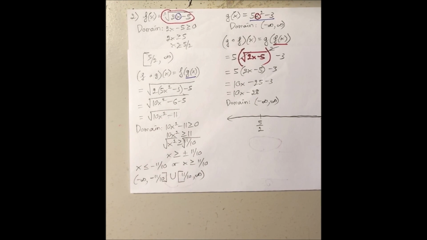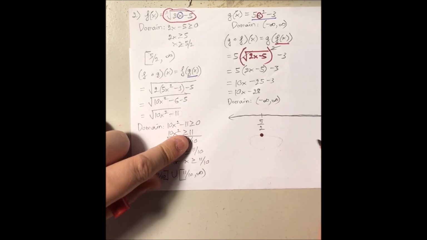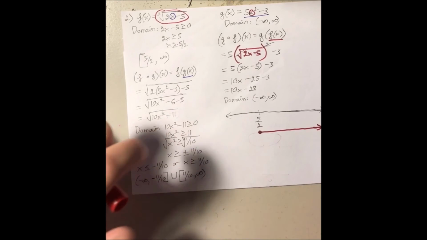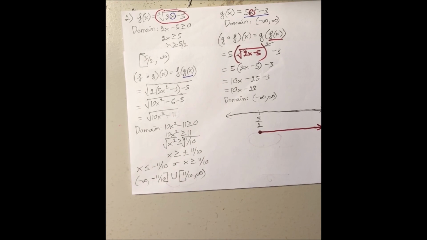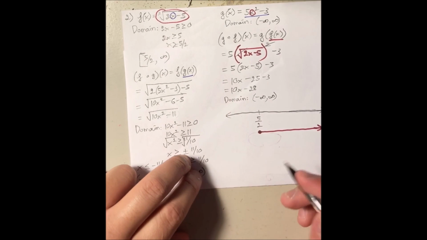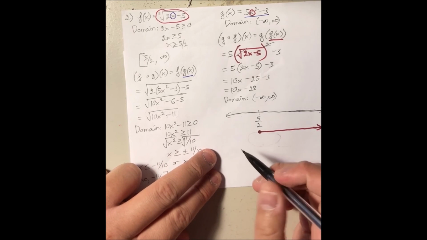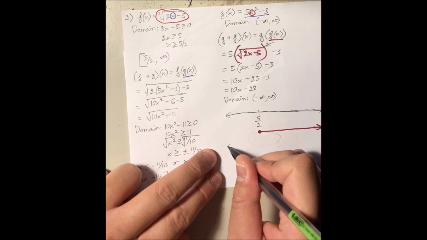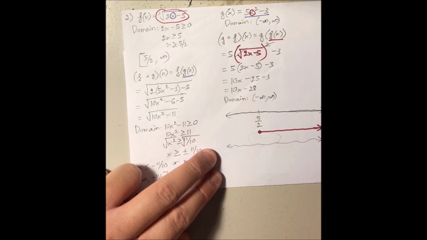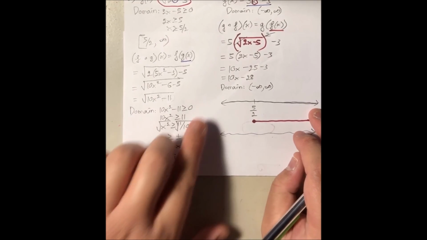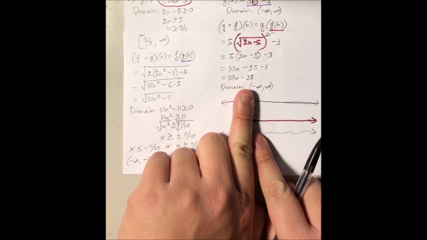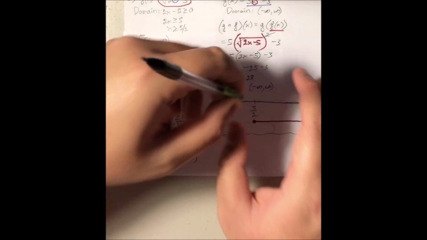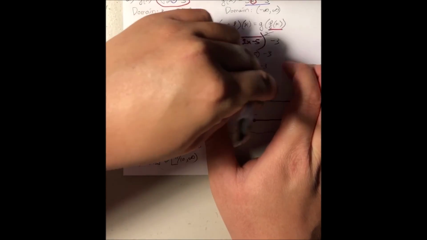For the function f, the domain goes from here to here, but 10x minus 28 is going to go from negative infinity all the way to positive infinity. So really, you just have to find all of the x that they have in common, which is from 5 over 2 all the way to positive infinity. So the domain of this is actually from that.